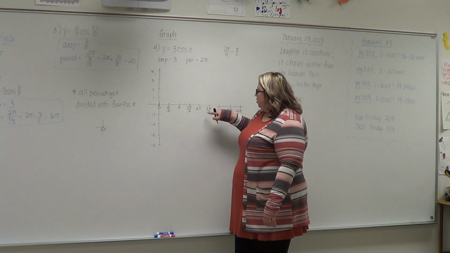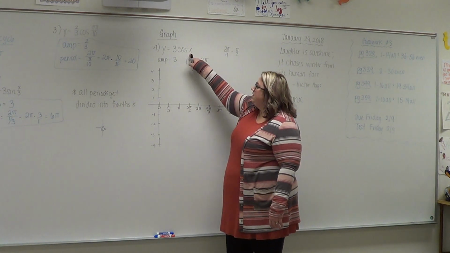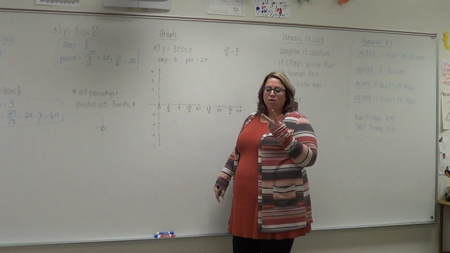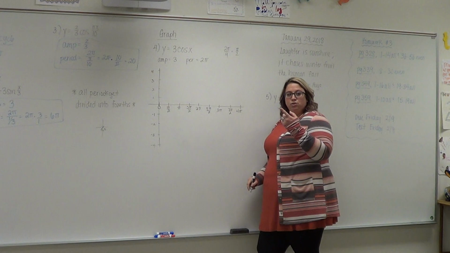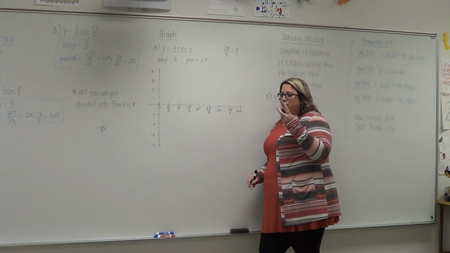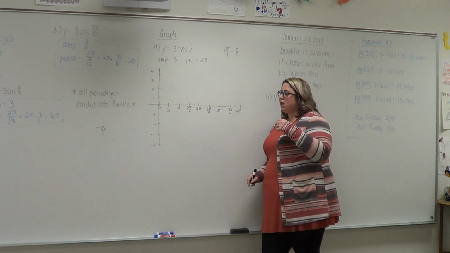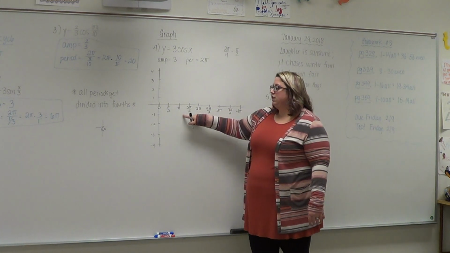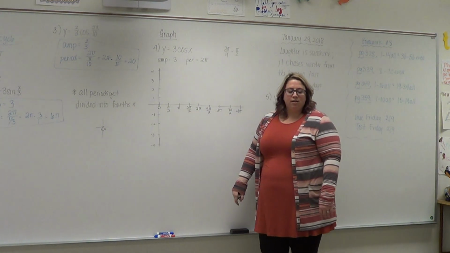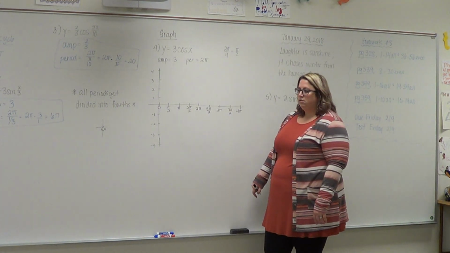All of these values get plugged into this x. Okay, you have 2 options. You can either have memorized the unit circle, which you're going to have to, or you can use your calculator. If you use your calculator, all of these are in radians, so your calculator has to be in radians.